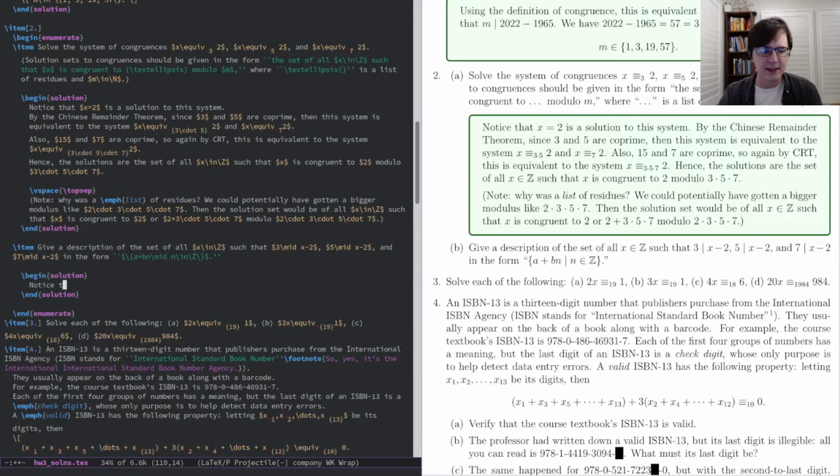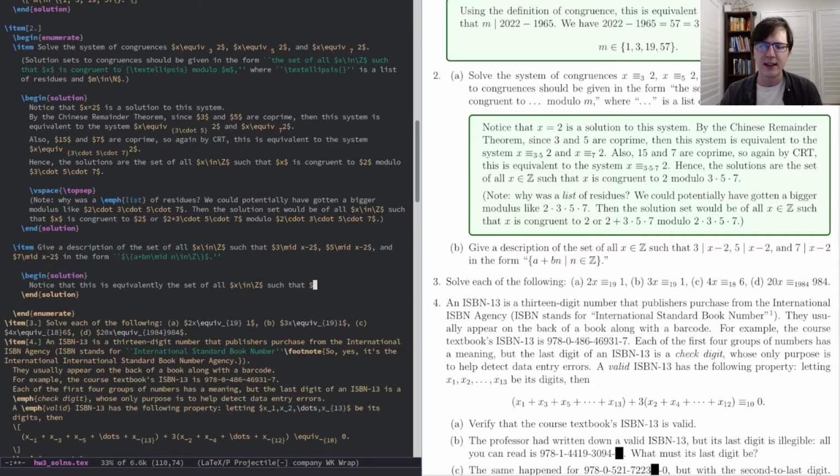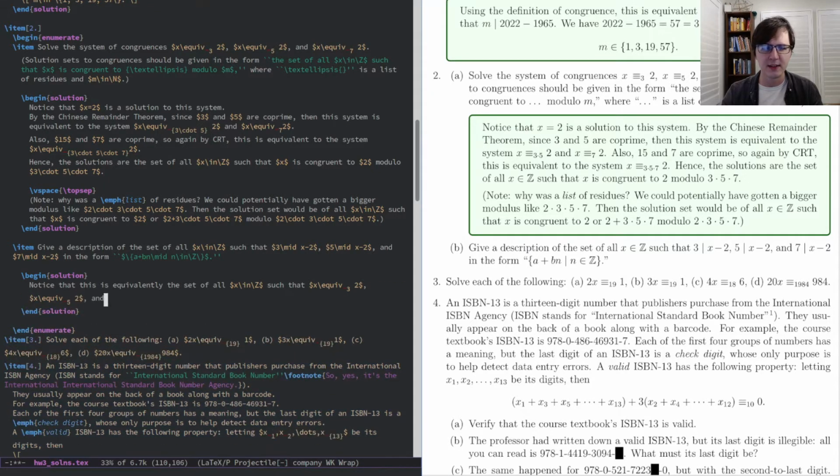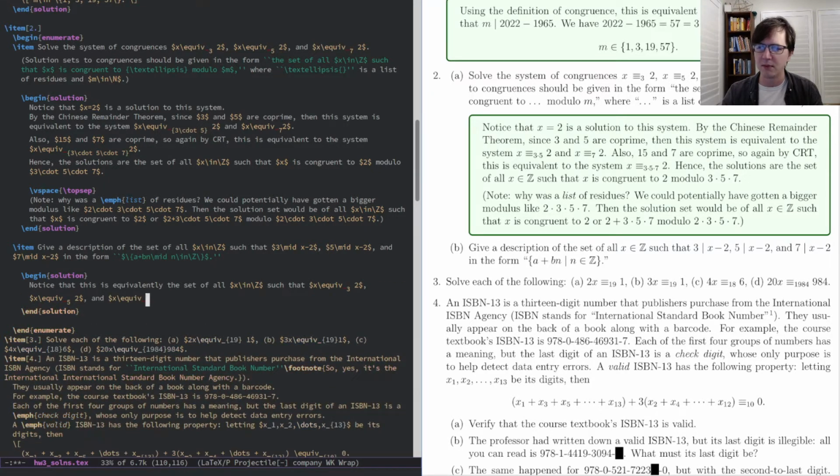So notice that this is equivalently the set of all x in Z such that x is congruent mod 3 to 2, x is congruent mod 5 to 2, and x is congruent mod 7 to 2.